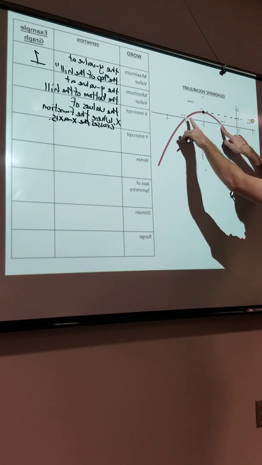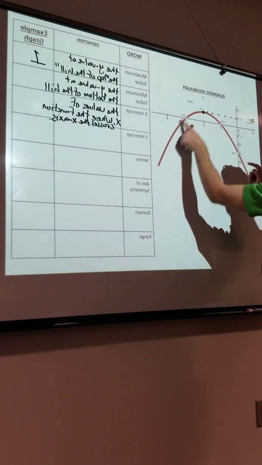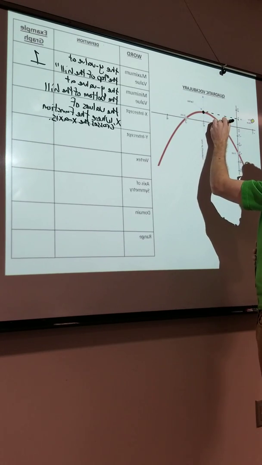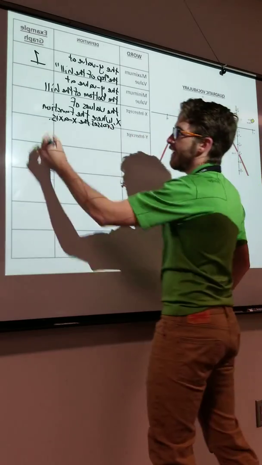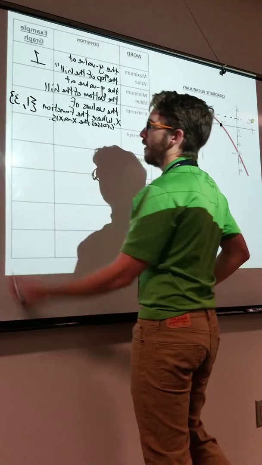Okay, so it's just the values of x where the function, this U shape, crosses the x-axis. So we have one here and one here. And so in this case, it's the set of numbers 1 and 3.